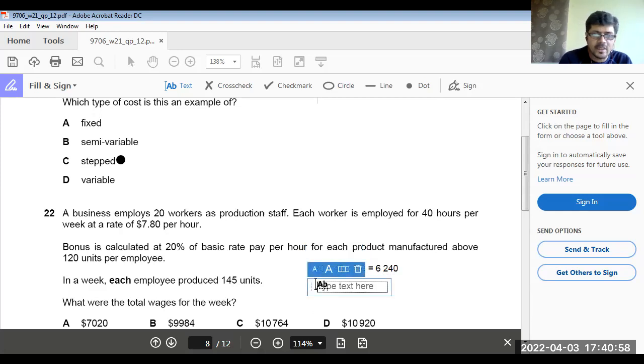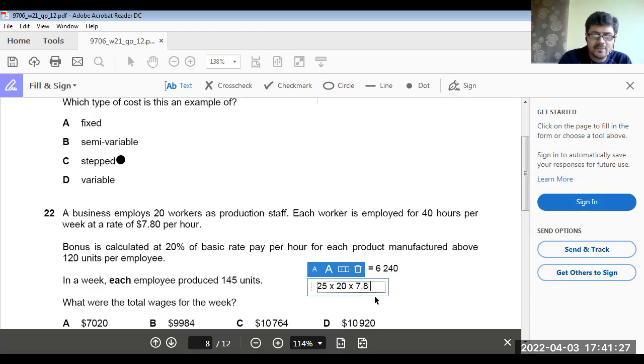Now for bonus: every employee is making 25 units extra. They are making 145 units and they were supposed to make 120 units. Getting my point? So multiply 25 units by 20 workers by 7.8.